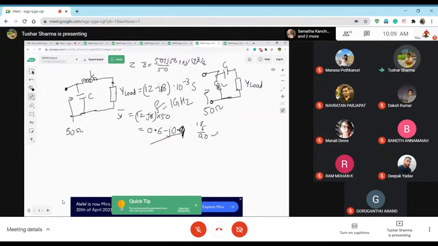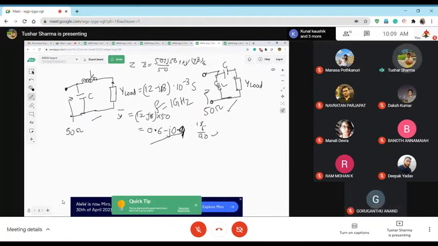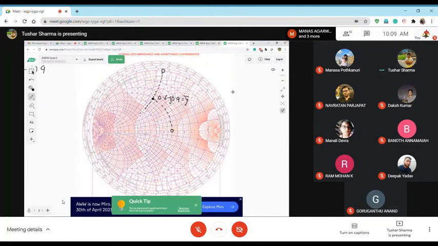So let's first see this. We can start with this case first, okay? Or this case, whichever you want. So the first element is series C. So first of all, what is the task? My task is that this is the impedance which I have to match to 50 ohms. तो बेसिकली इस इम्पिडेंस से मुझको 50 ohms तक जाना है.